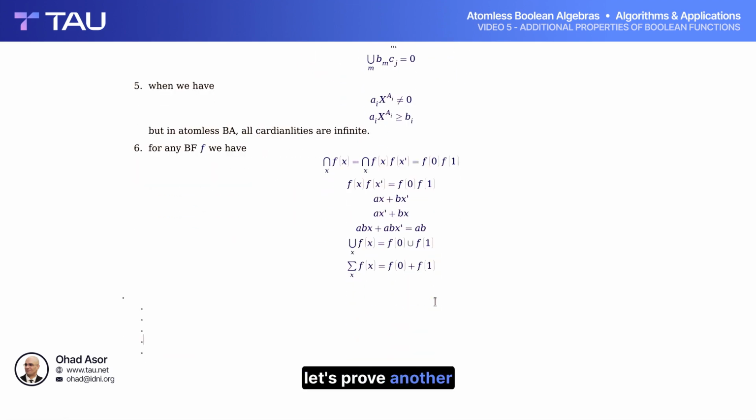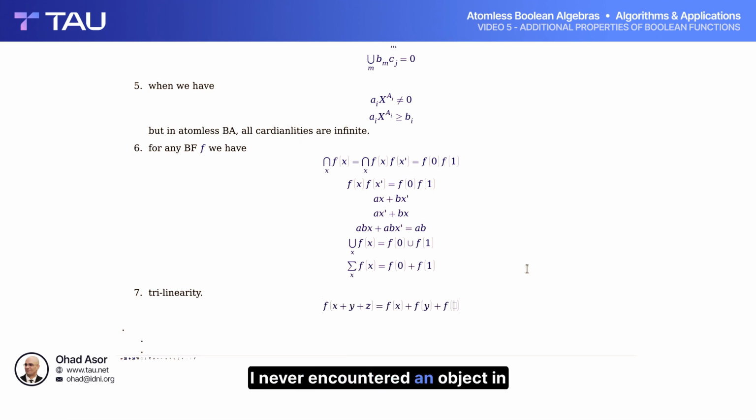Okay, let's prove another nice property. Trilinearity: f(x plus y plus z) equals f(x) plus f(y) plus f(z). I never encountered an object in mathematics that satisfies this property. And this is very easy to show in algebraic normal form. Suppose f(x) equals ax plus b.